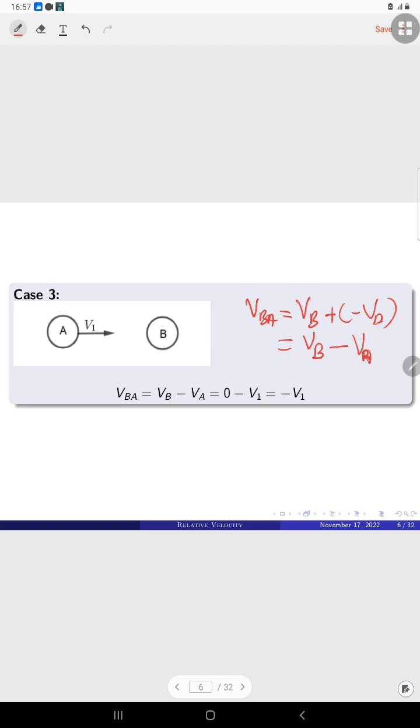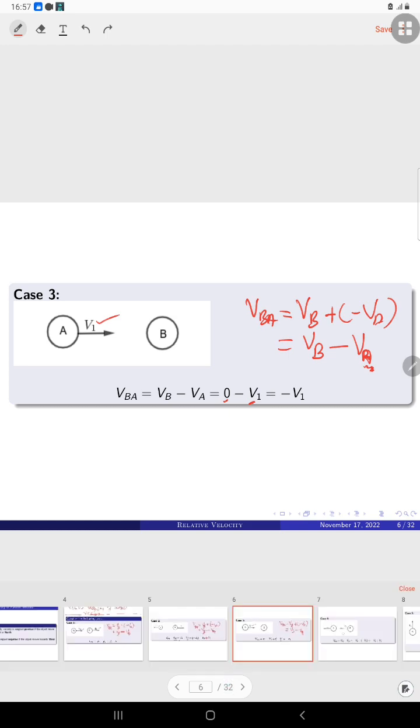But look at B. The velocity of B is stationary, so it's 0. Minus the velocity of A, which is V1. And 0 minus V1 gives us negative V1. We are looking at these instances because we will be using numbers to solve examples on this, but here we are just using letters to illustrate something for you.